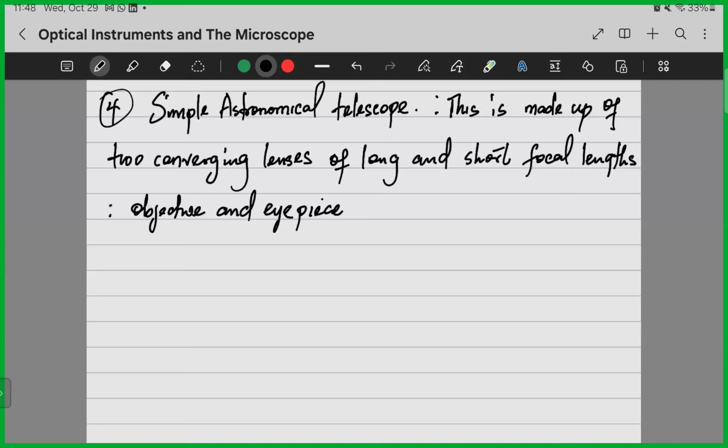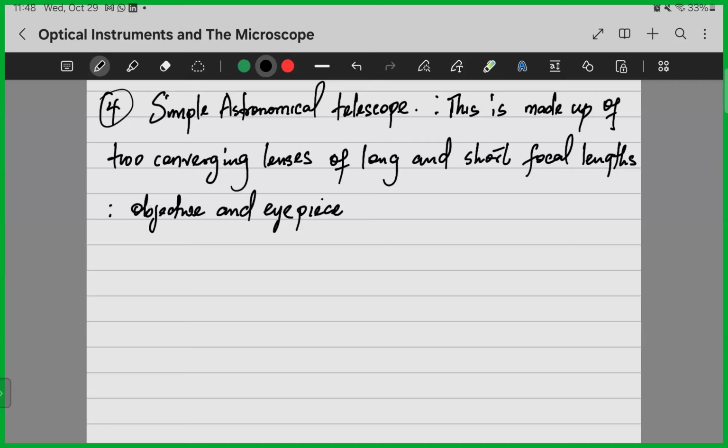A good acronym for that is READ. Real, inverted, and diminished. That's the one produced by the convergent lens.